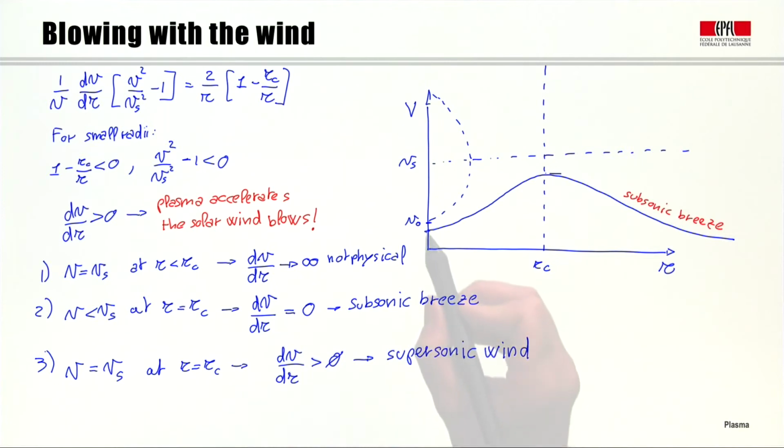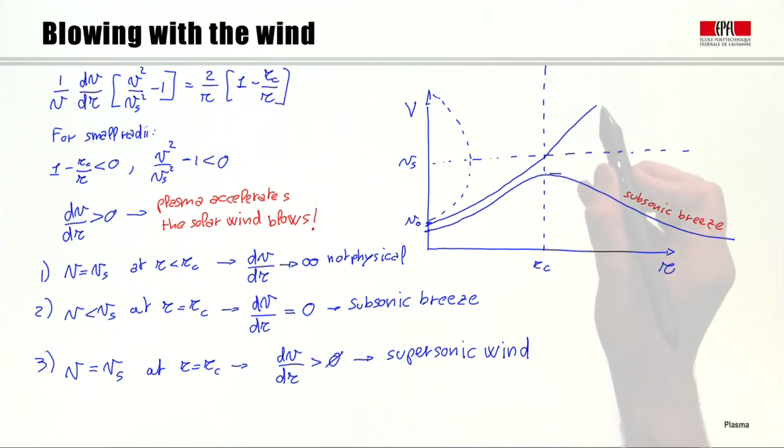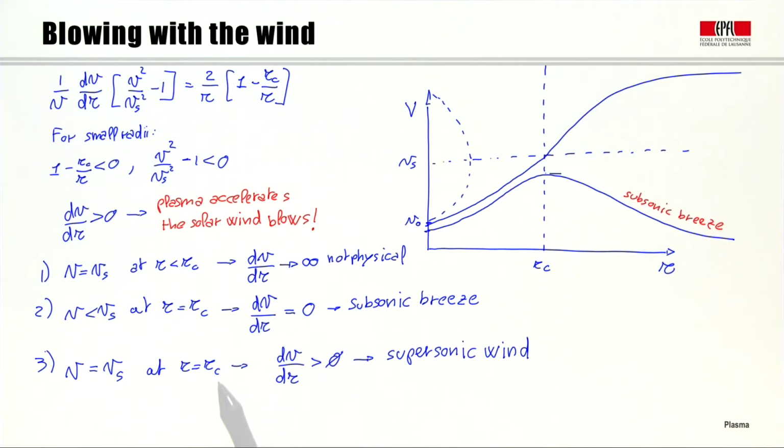If, starting from a certain initial velocity, the solar wind accelerates in such a way that at the critical radius RC, the velocity of the wind corresponds to the sound speed, we obtain that the derivative of the velocity with respect to the radius will be always positive, and this will result in a wind that accelerates continuously, giving rise to a supersonic wind, which is represented by a family of solutions, of which one example is shown here.